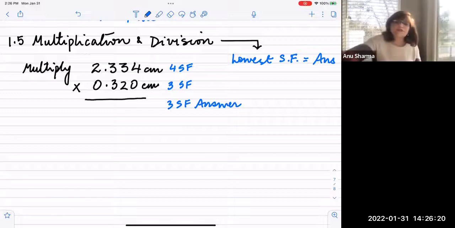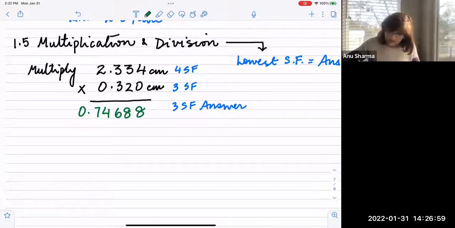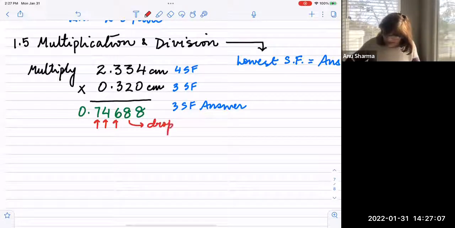Okay, so let's do the multiplication. After multiplication, we get 0.74688. But remember, we only need 3 significant figures. Therefore, we need to keep this, but drop 8 off. 8 is more than 5.